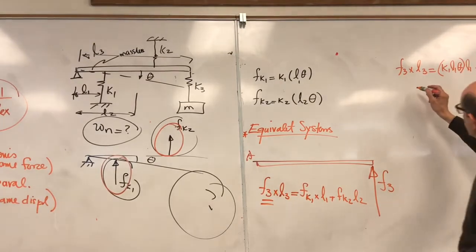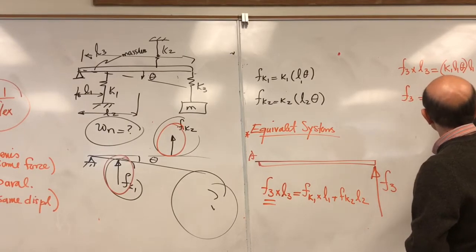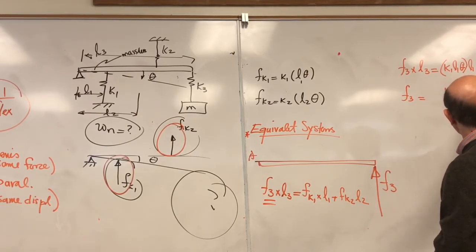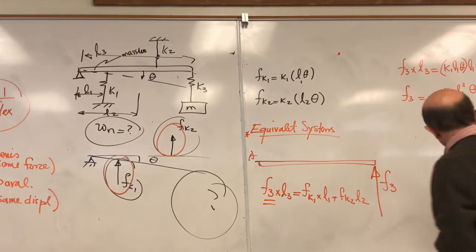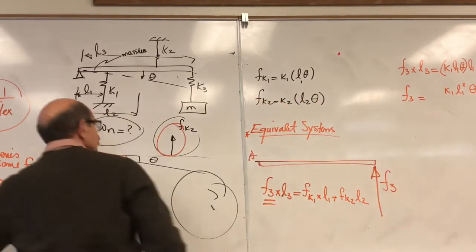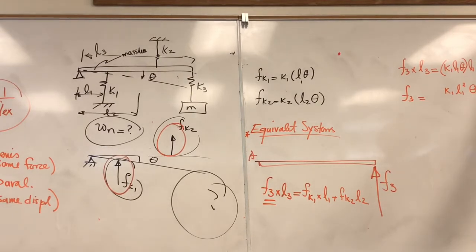So F3 then would be K1 L1 squared theta plus K2 L2 squared theta, and I'm sorry, I wrote F2, because this is my own handwriting and I cannot read it, divided by L3.